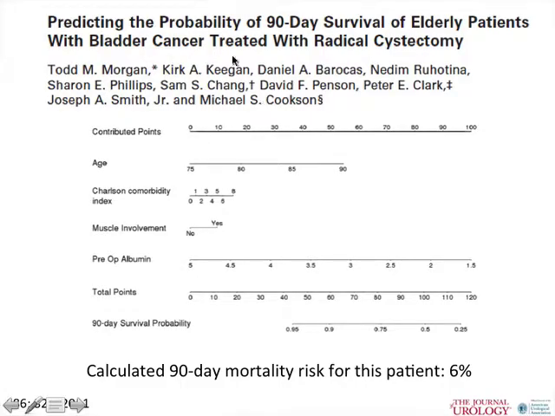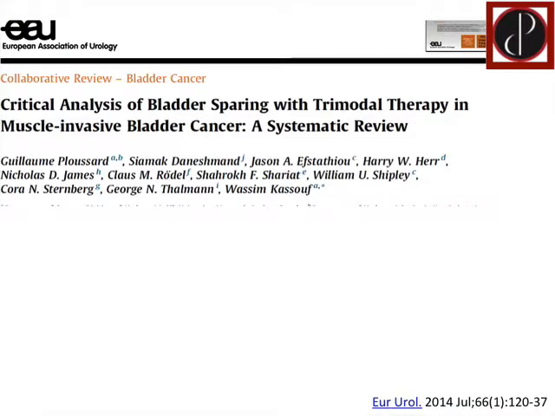And if you use this nomogram, you will see they actually used age, comorbidities, muscle invasiveness, and total points. And then for this patient, it's 6%, for example. So if you don't recommend cystectomy, what would you do in muscle invasive bladder cancer?